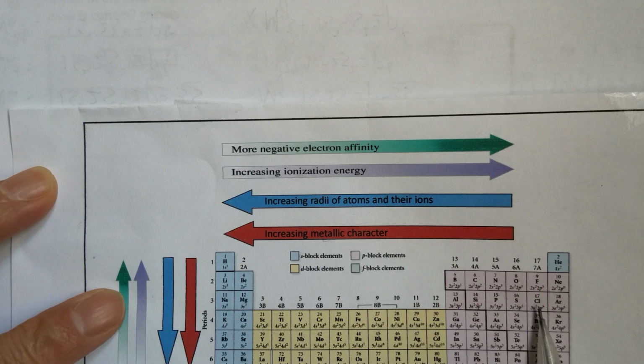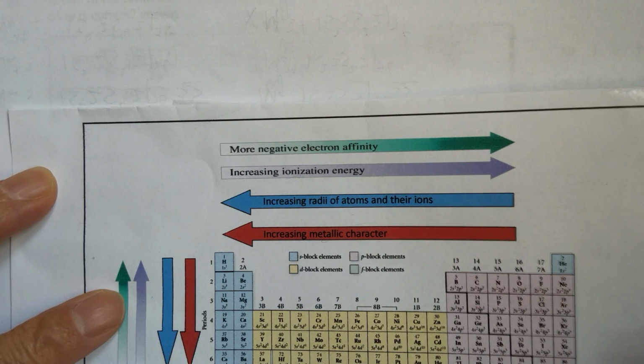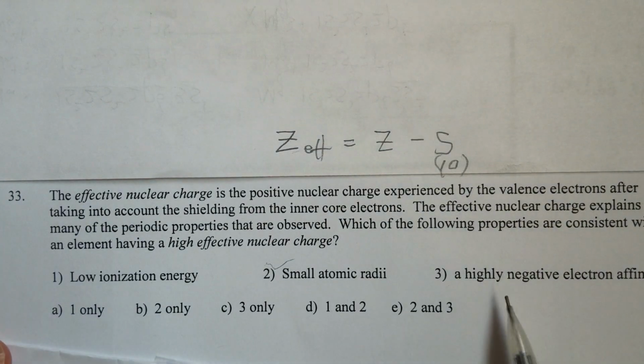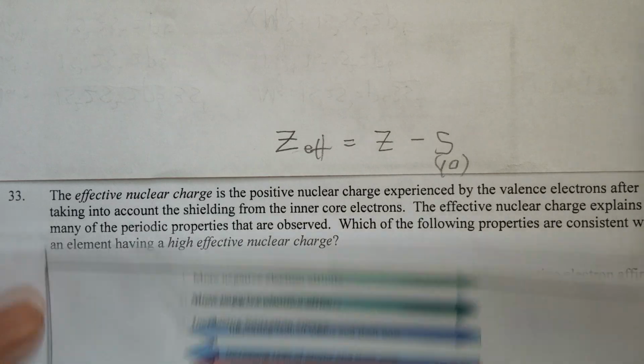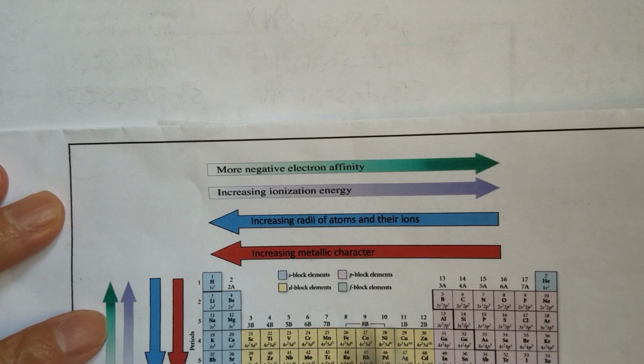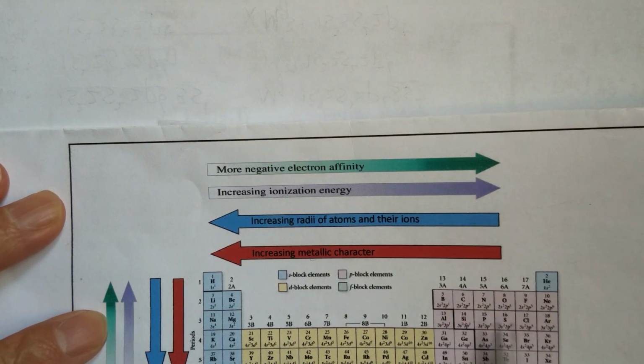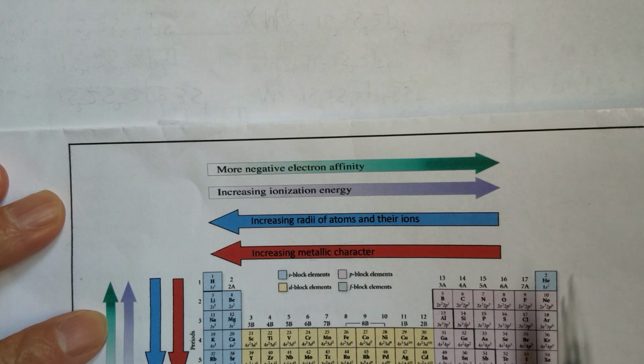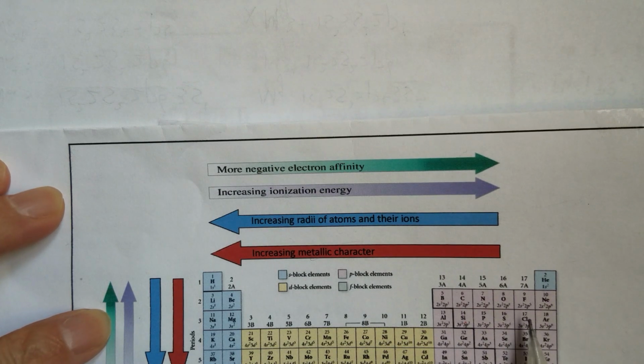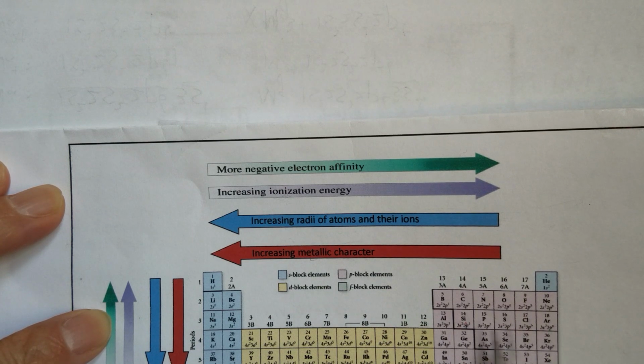So a highly negative electron affinity translates into a higher Z value, higher atomic number. From left to right, it goes higher: 13, 14, 15, 16, 17.